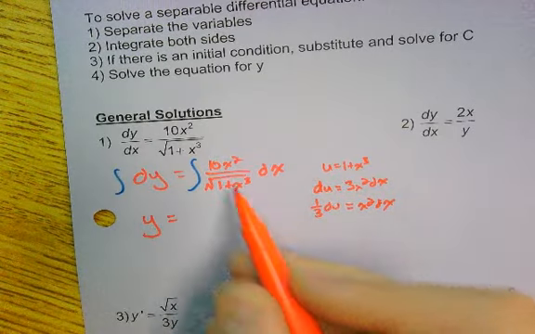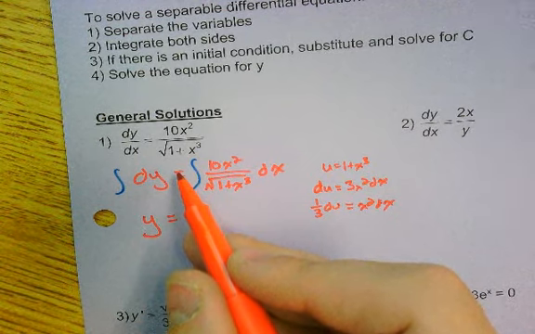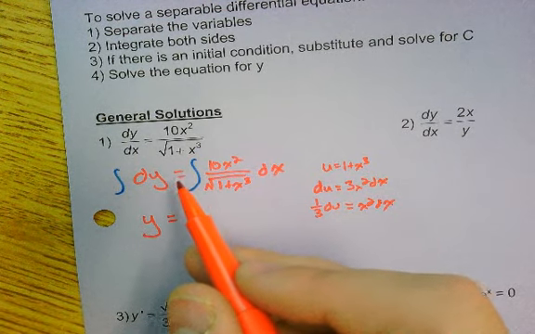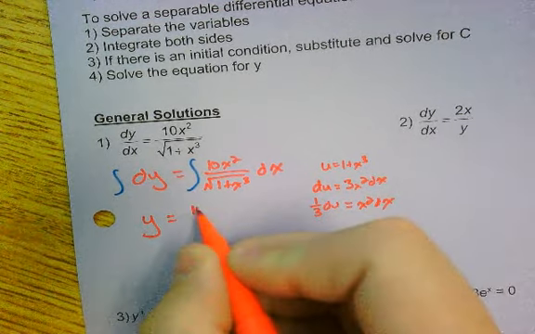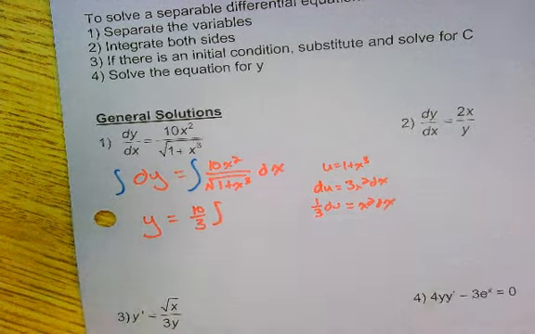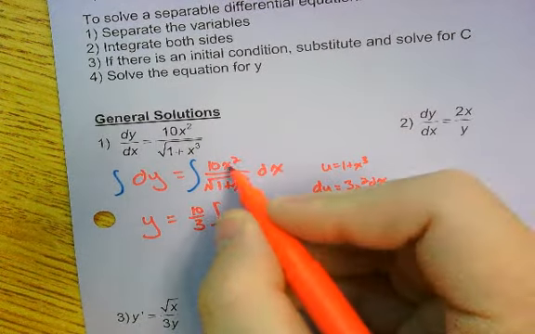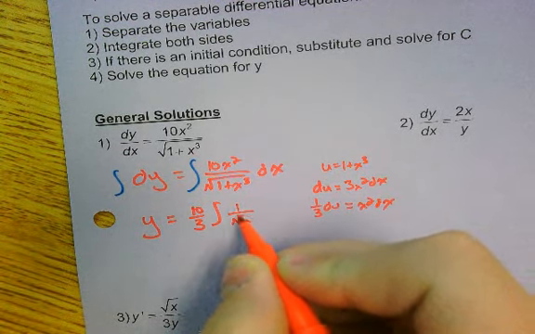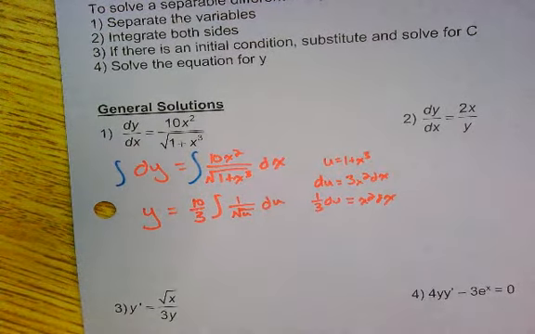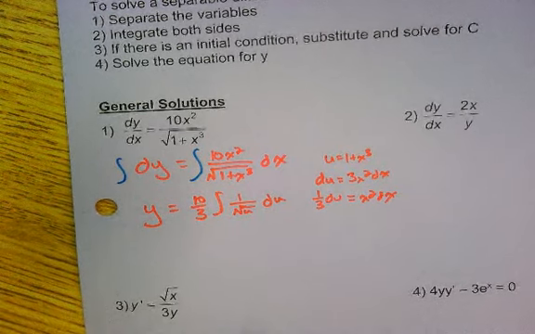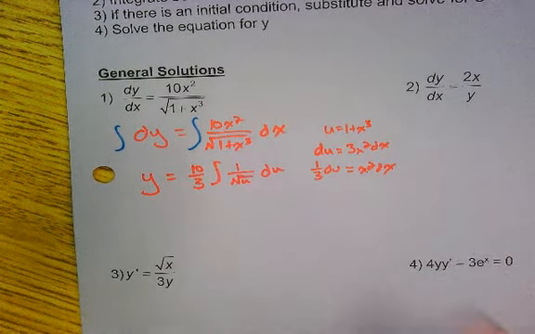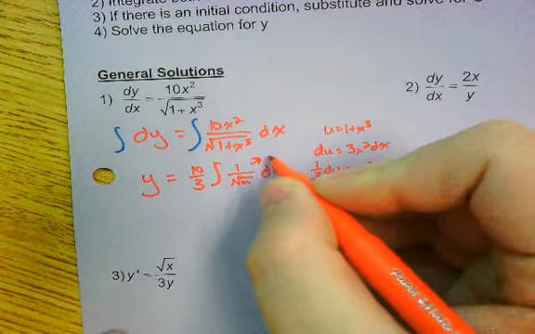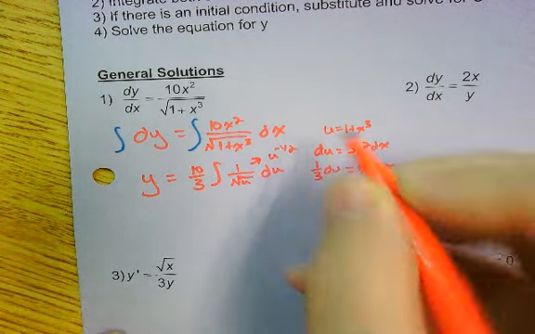So I'm going to get, can I move that 10 out in front? And the 1/3 in front makes it a 10/3. Haven't integrated yet. The x squared dx goes away, so I'm left with 1 over root u du. Real quick, isn't that the same thing as u to the negative 1/2?